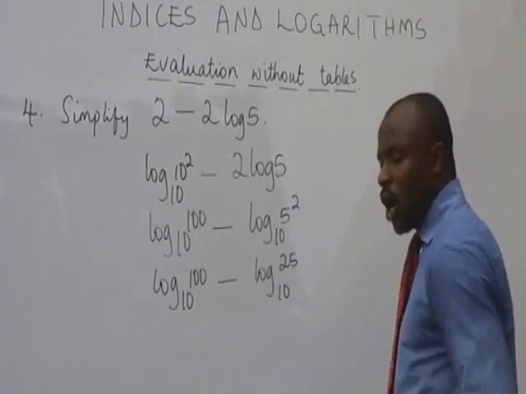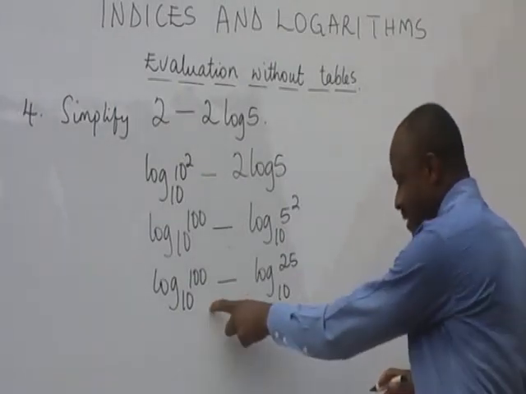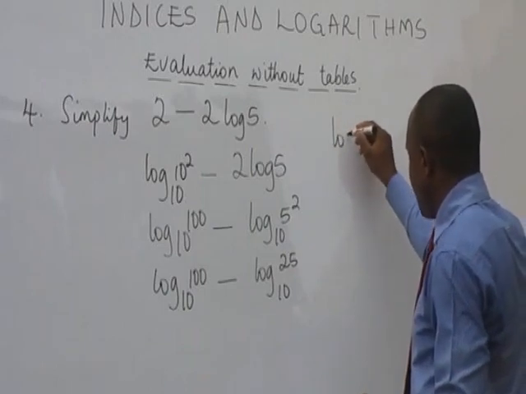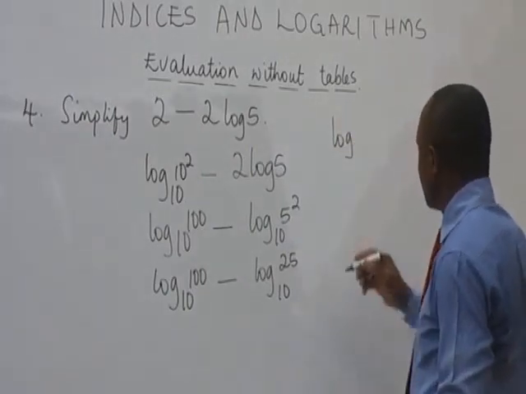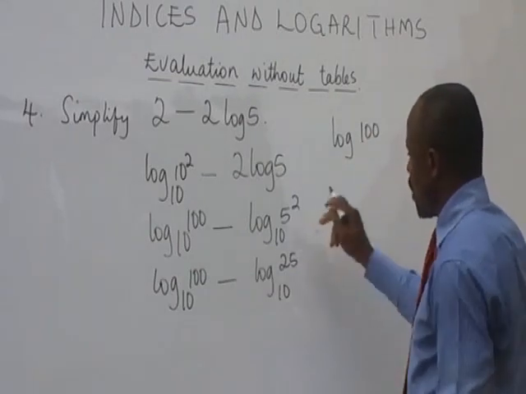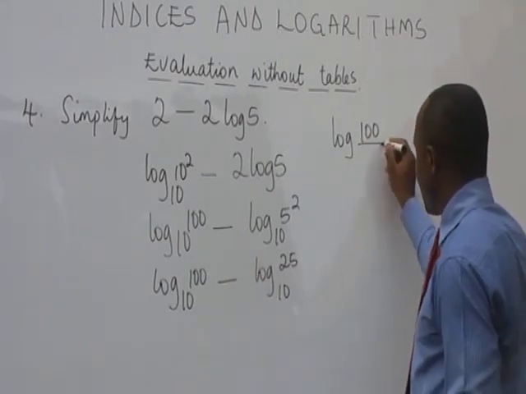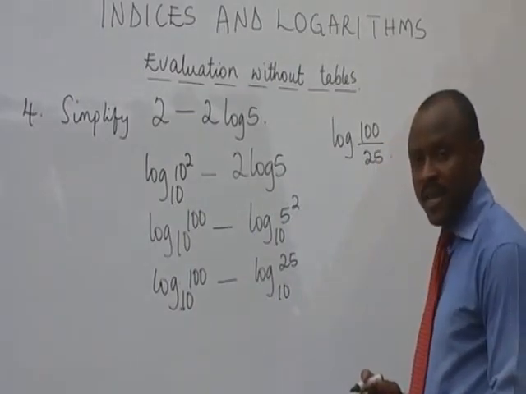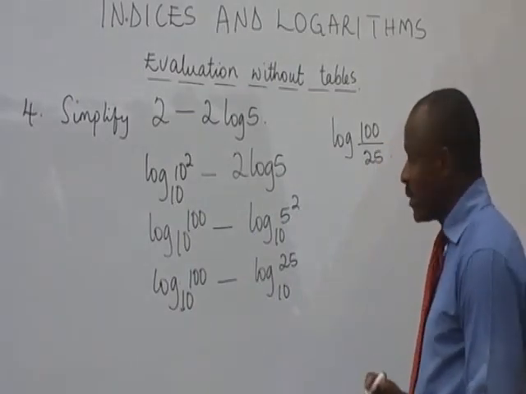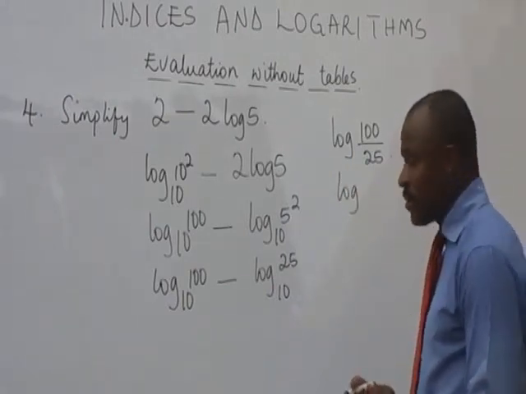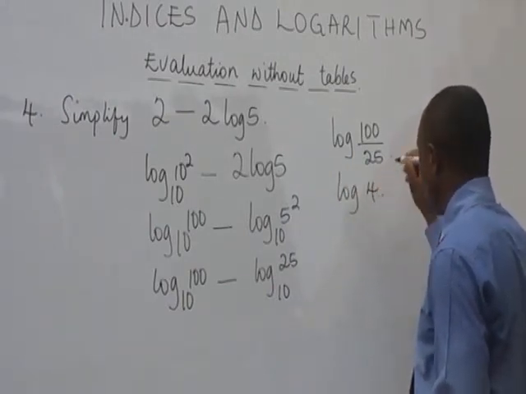Applying the second law of logarithms, this will boil down to having a singular log 100 divided by 25. 100 divided by 25 is 4. That means our grand finale becomes log of 4.